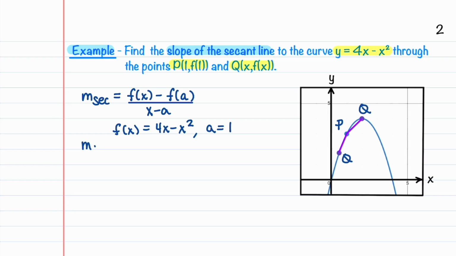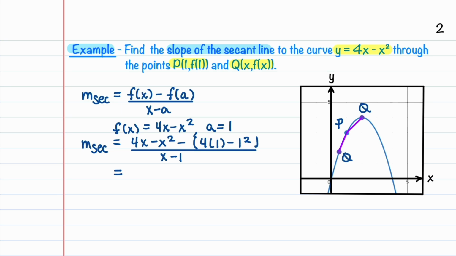We now have the slope of the secant line is f of x, which is 4x minus x squared, minus, we have to put parentheses here because we have to subtract off both pieces, f at a, which is 4 times 1 minus 1 squared. And we're going to divide all of that by x minus a, which is now x minus 1.